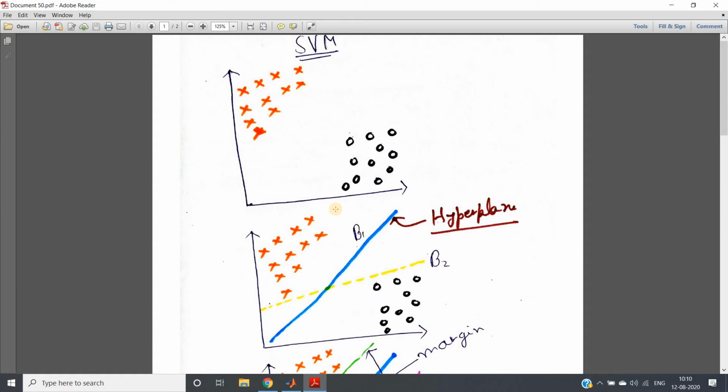Now which one to select? This selection of the line is most important. Once we select the line, suppose we get one new point. If the new point is placed here, then we will conclude that this particular point belongs to this class.